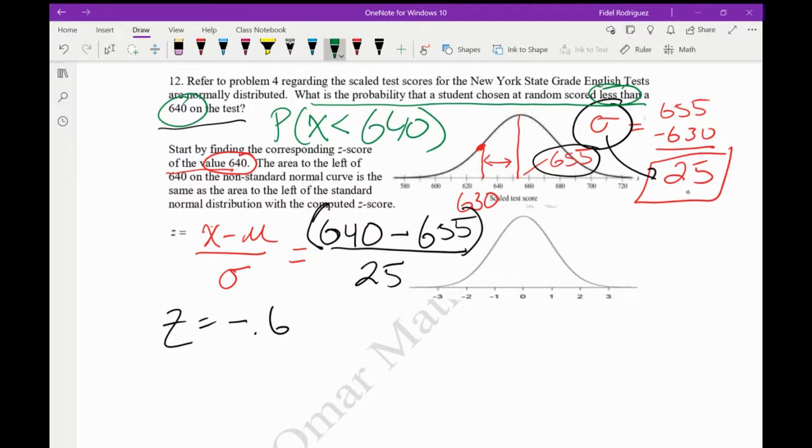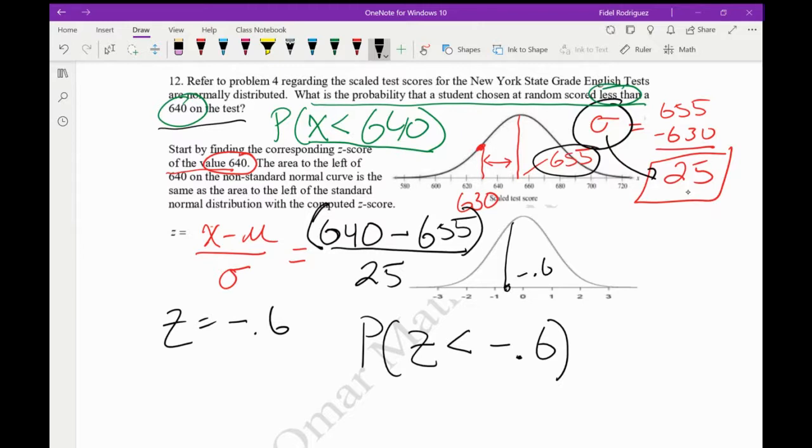In essence, we've converted this part here to a z value. So what's the probability that z is less than negative 0.6? Because it's less, I'm looking for the area to the left of my curve.